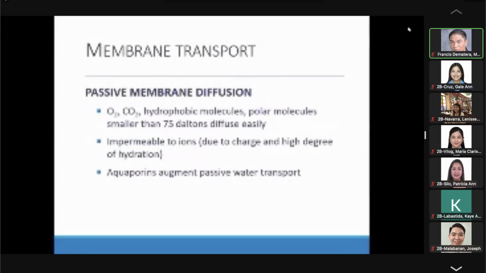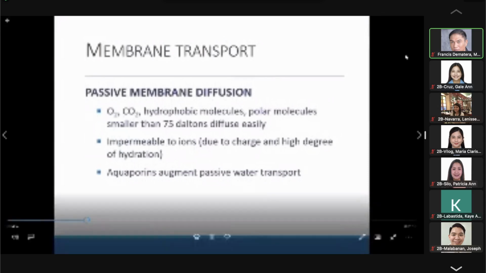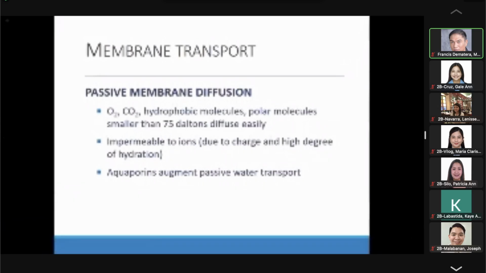Aside from serving as a protective environment and sites for signal transduction, the plasma membrane allows transfer of molecules with various mechanisms for membrane transport. So in passive membrane diffusion, oxygen, carbohydrates, hydrophobic molecules, and polar molecules smaller than 75 Daltons can diffuse easily.